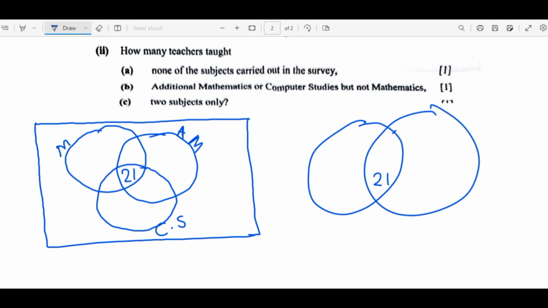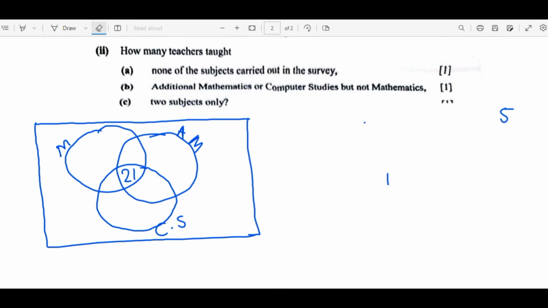So this shaded region must be equal to 65. Now, from that 65, we already have 21. So to put the number here, you need to subtract 21 from 65. So that's the concept that you're supposed to do. So say 65 minus 21. So I'm getting 44 as my answer here.